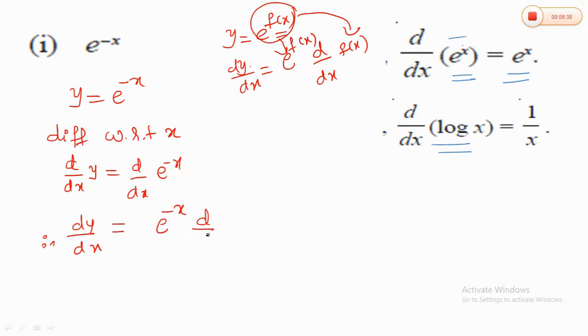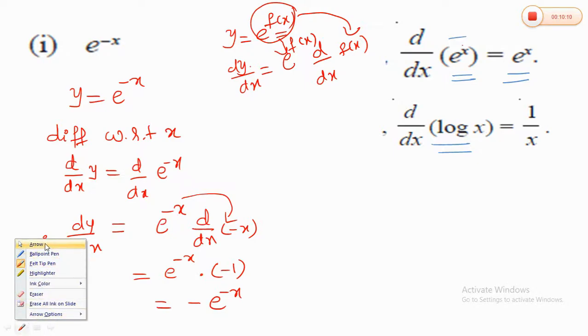Now differentiate this minus x once again. Derivative of minus x is minus 1. So this equals minus e raised to minus x, which is the answer. That is e raised to minus x into minus 1. So this much is sufficient. Yes. Now go to the next problem.